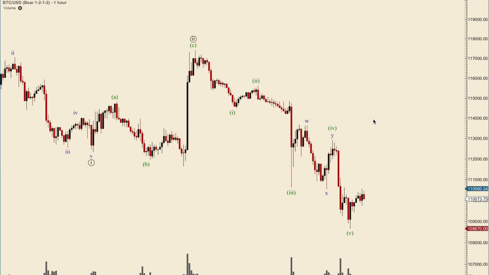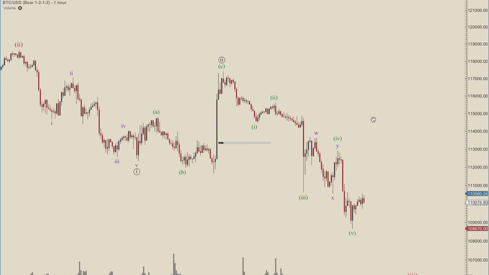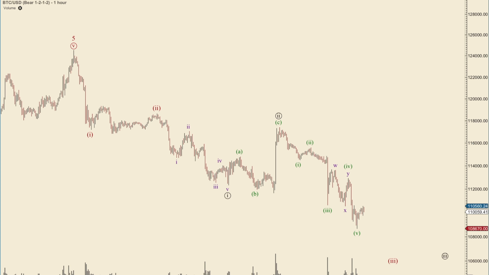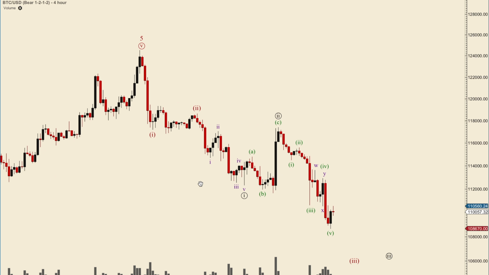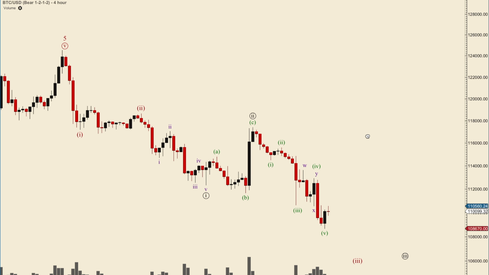Here we are counting it a bit differently. So I'm going to change to 4 hour. Here we have 1, 2, 1, 2, 3, 4, 5 to a finished wave 1, and this counts better as an ABC, like this. So an expanded flat in wave 2, but here is the issue with counting this as an impulse down as well.